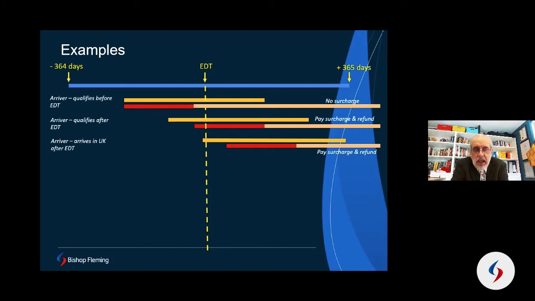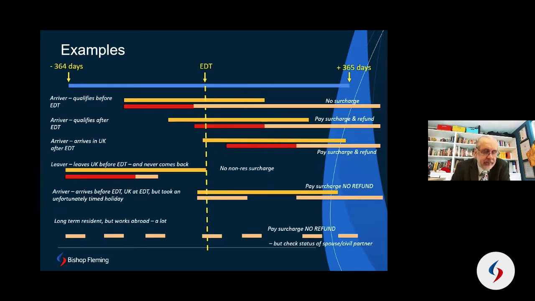It's fair that even though he has to pay it up front, he gets it back, and he pays normal UK rates. And the third one is just someone who's arrived after the effective date of transaction, and he doesn't earn his status until afterwards. Very similar. That all makes reasonable sense, but if we then move on to a couple of oddities.